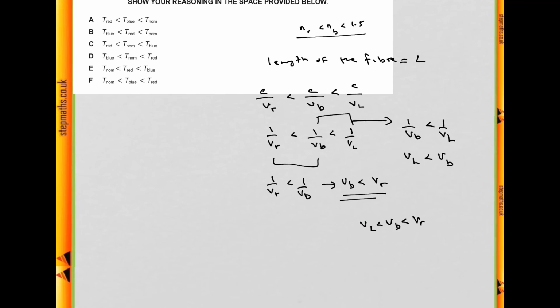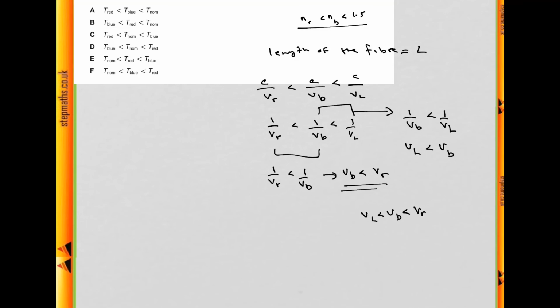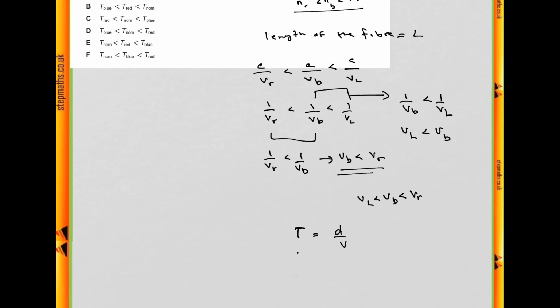Okay, so now what is the propagation time? The propagation time, t, is given by the distance d divided by the velocity. So therefore, t is proportional to 1 over v. We could either work out the inequality from using this, or we could simply realize that it's the same inequality as before, because 1 over v is proportional to the refractive index.